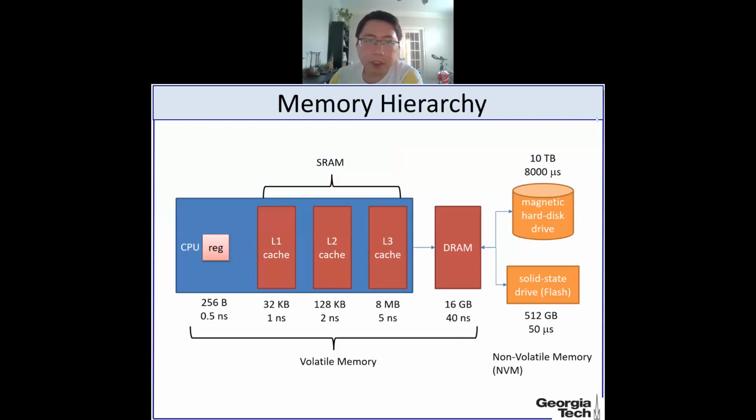Here, if we look at the memory system, we will find there is a so-called memory hierarchy. So here we are going to take a close look at this memory hierarchy. In the memory system, there are different levels, and we call it hierarchy. Here we have the processor, for example, in this blue box.